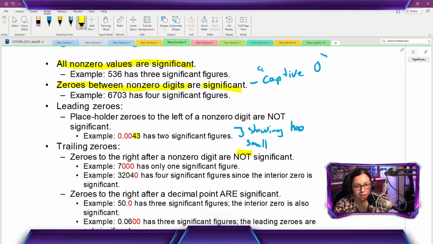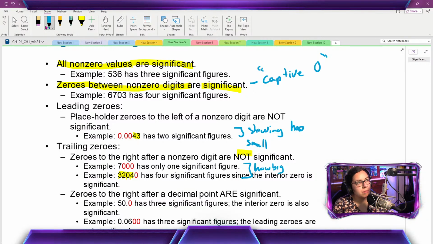That would not be a very accurate scale, which is also what that's showing the reader in your scientific communication. And then this number, 32,040. Notice it has a zero, that's what I call a captive zero. So these first four digits are significant, but then this last one is just showing how big. And that's the key: those show how big.